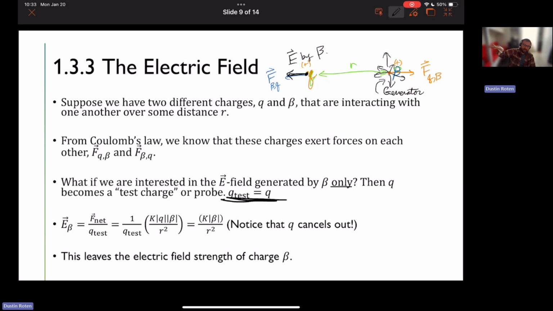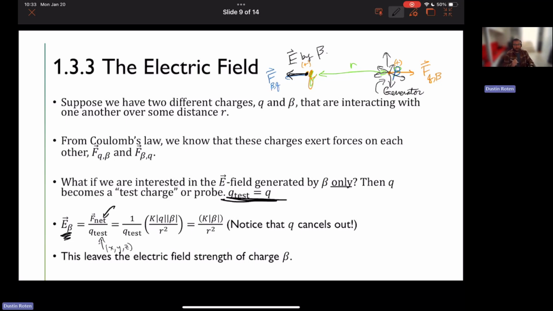So that needs to cancel out in the mathematics. So to calculate the electric field generated by beta, we have to put in our Q, which becomes our probe, right? So we calculate the net force, but then we divide out our test charge at our location, right? So this is the test charge at the location we're interested in.